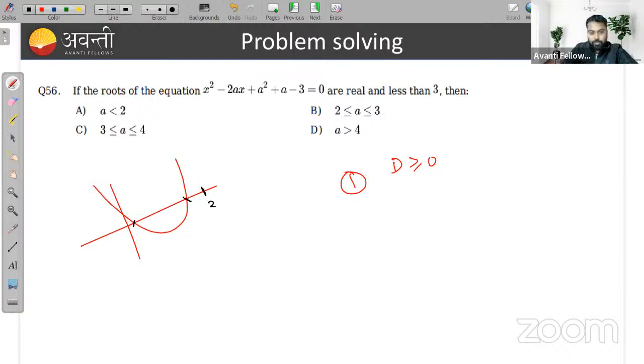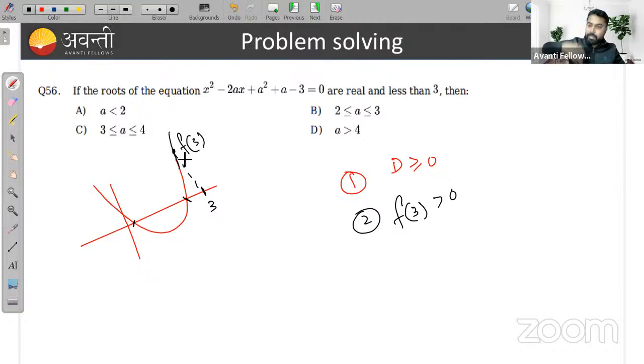Suppose 3 is here. That means if you take f of 3, second case, f of 3 is greater than 0. Yes or no? This is my f of 3, so f of 3 is lying above the x-axis.